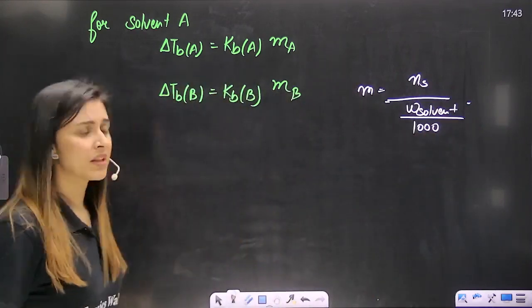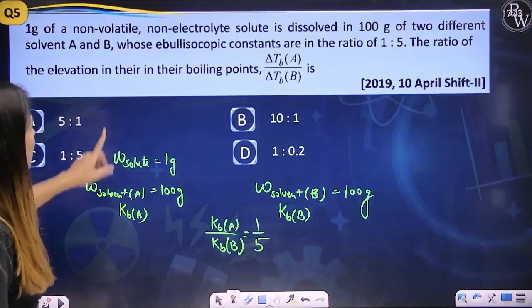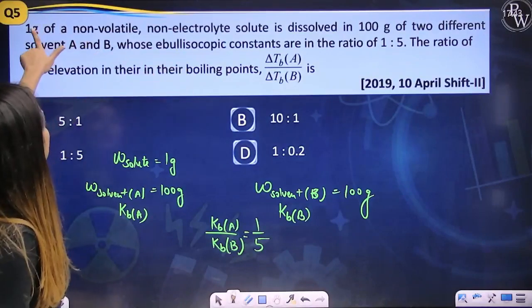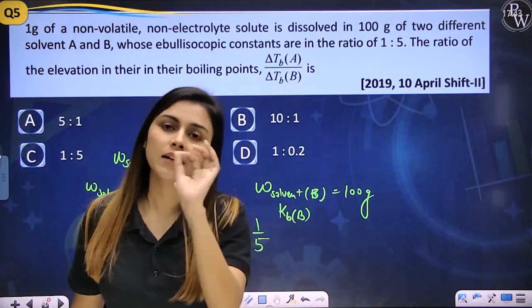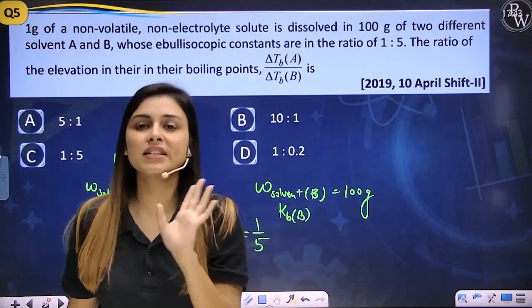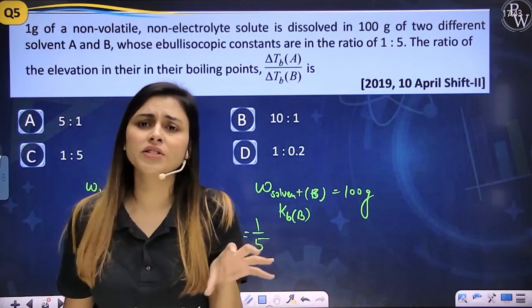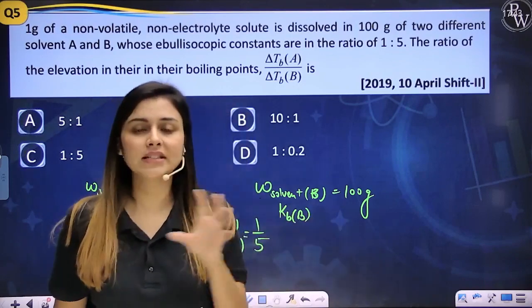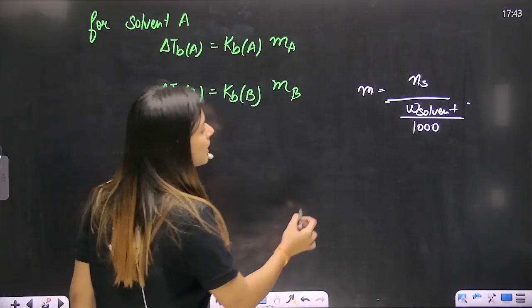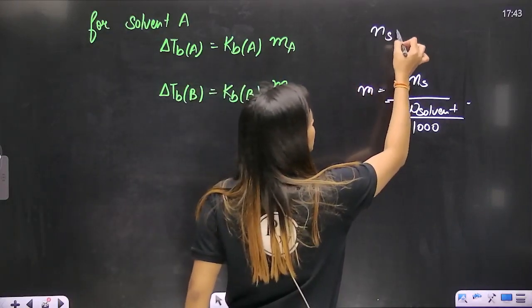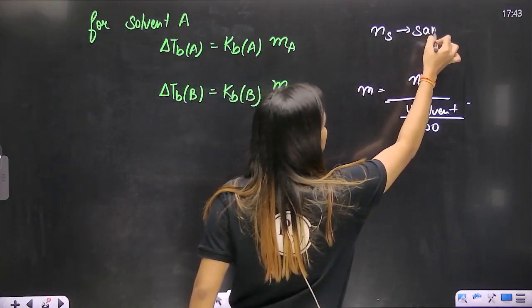Now just see, my dear students. In the question, you are given that 1 gram of a non-volatile solute was used. The solute was the same and the mass of that solute was also 1 gram. So the moles of solute in both the solvents A and B will be equal. So I can say that n of solute is the same for both.